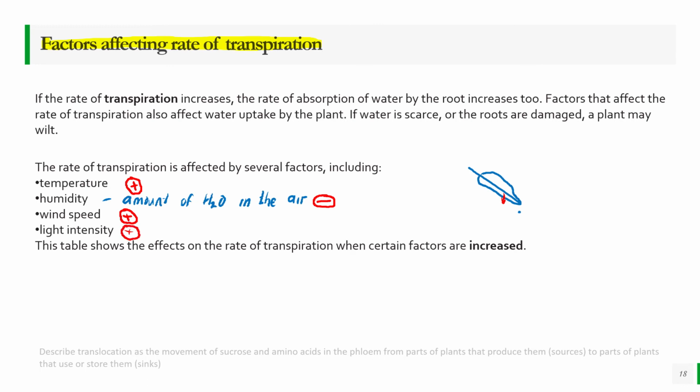So maksudnya di sini, okay, semakin tarang cahaya, okay, semakin naik rate of transpiration. Okay, so antara empat tadi hanya satu saja yang affected negatively, which is humidity. Okay, only humidity causes transpiration to become slower.